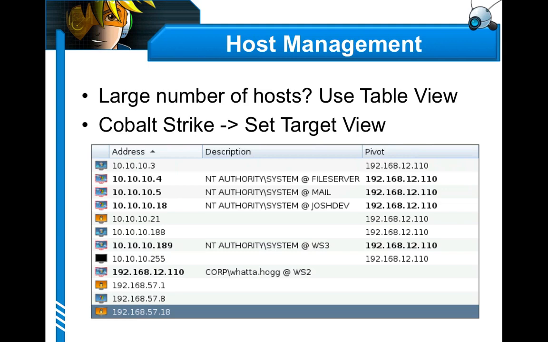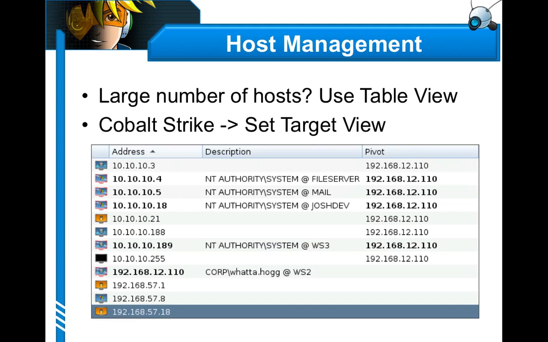This will adjust the view from a graph with all the icons for each host to a table that looks like this. All the same information is available in Table View. A bold address with a red icon next to it and the little lightning bolts, that's a compromised host.